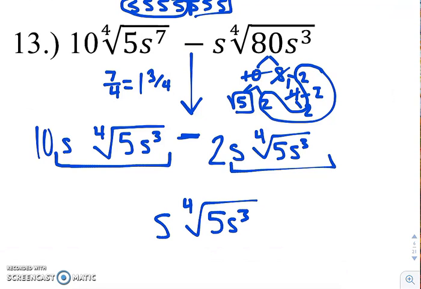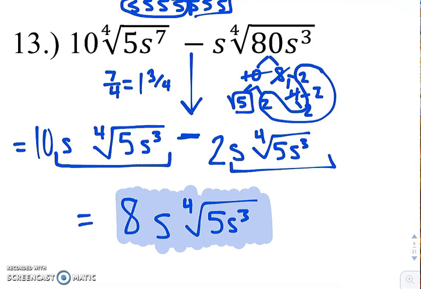Well, 10 minus 2, so 8. So it's really just taking it one step at a time. And once you're done simplifying each individual term, you should be able to combine them because they should be the same then.